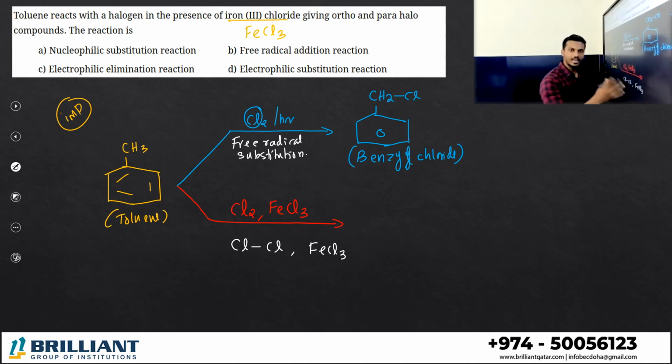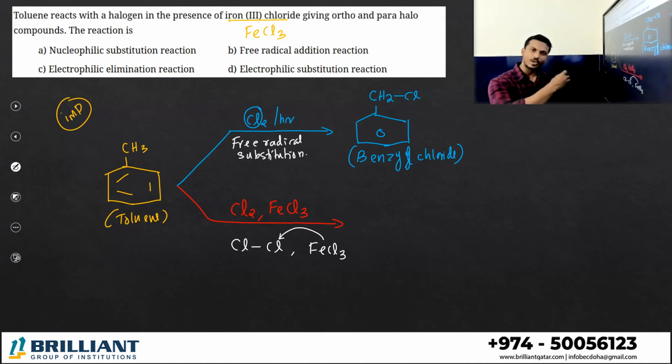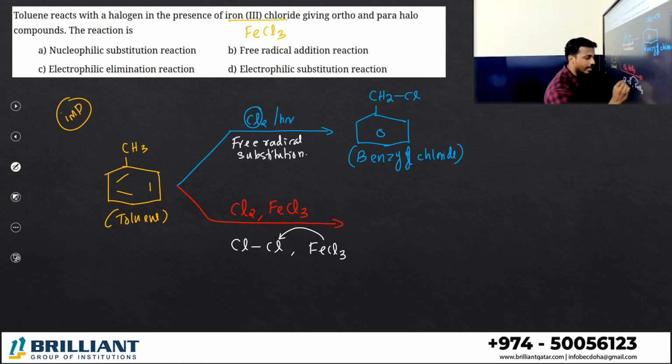The FeCl3 is an electron deficient compound. It will try to take this chlorine as Cl minus. So this Cl minus ion is taken by FeCl3, and you will get FeCl4 minus.